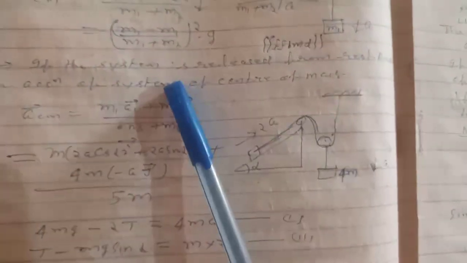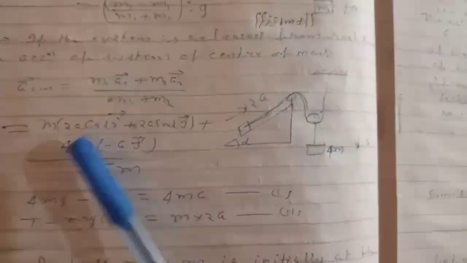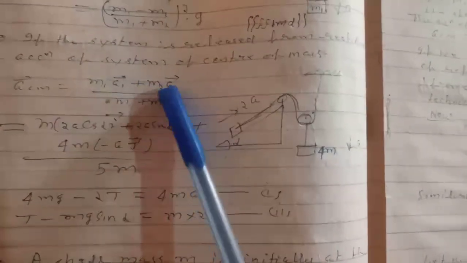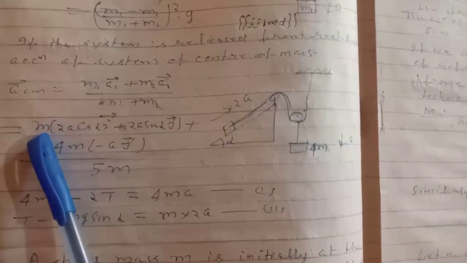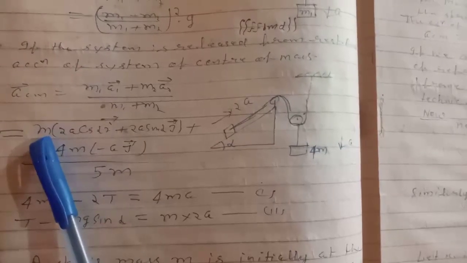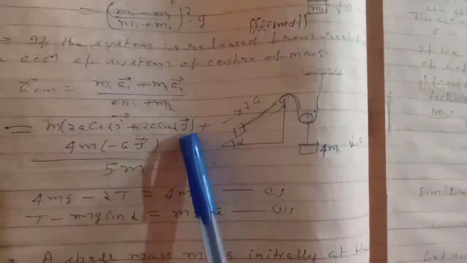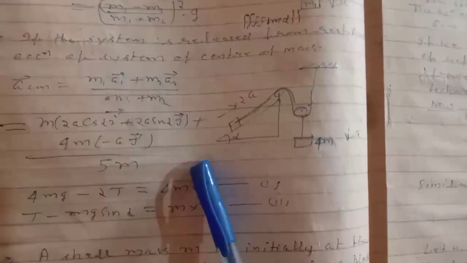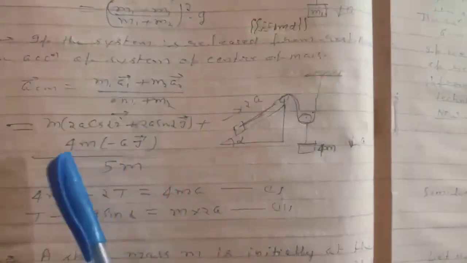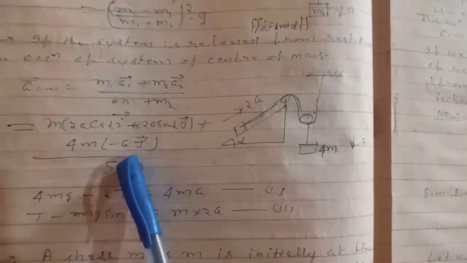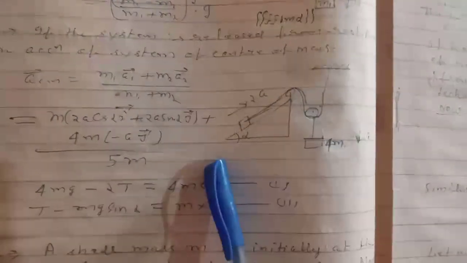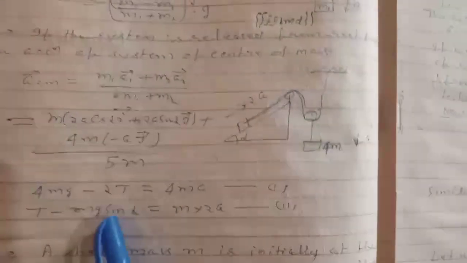If the system is released from rest, find the acceleration of the system's center of mass. Here a CM equals m1 a vector plus m2 a vector by m1 plus m2, or m into 2a cos alpha i cap plus 2a sin alpha j cap, plus 4m into minus a j, divided by 5m, because m plus 4m.